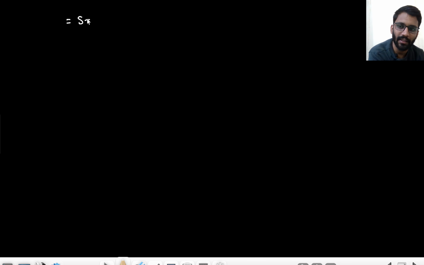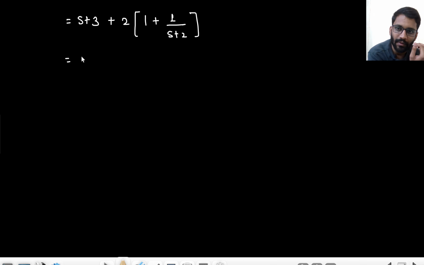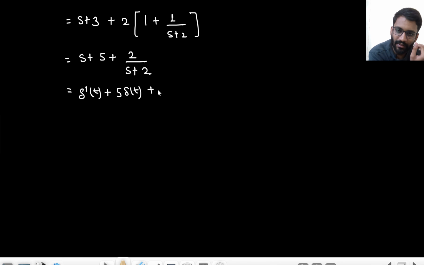So it would be equal to s plus 3 plus 2 into 1 plus 1 upon s plus 2. It would be s plus 5 plus 2 upon s plus 2. So it would be delta dash t plus 5 delta t plus 2 e to the power minus 2t u of t, right? So this would be my f of t. So here what do I see?